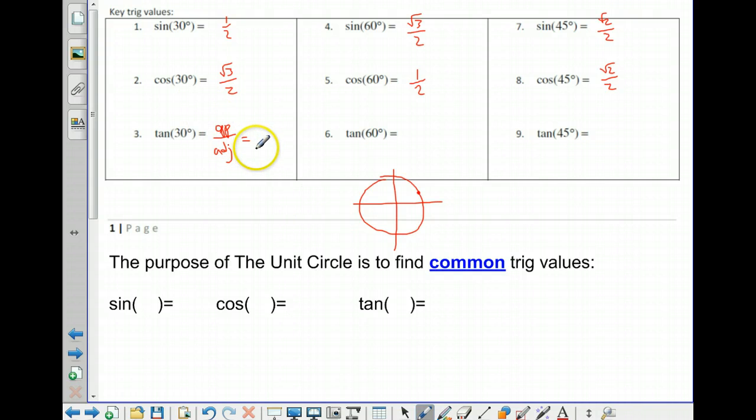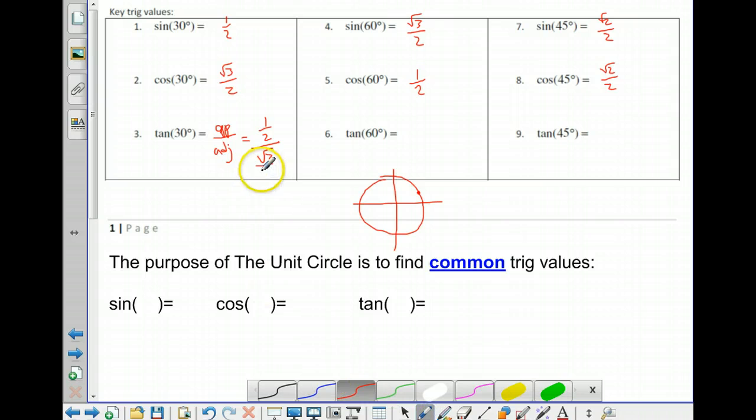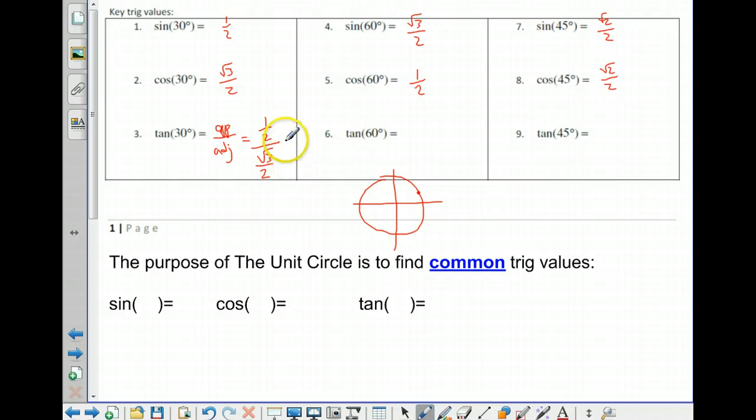Opposite over adjacent, duh, and so that would be 1/2 over square root of 3 over 2. So let's simplify this.